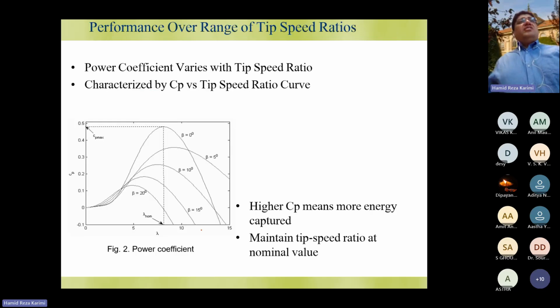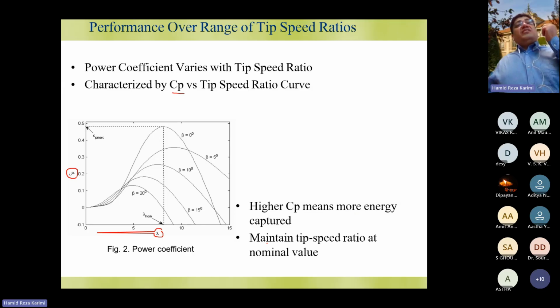Okay, so now you can see that if the lambda is changing, the CP factor is also changing. So this is a characteristic of the CP with respect to the lambda. If you have a higher CP, it means more energy can be captured.